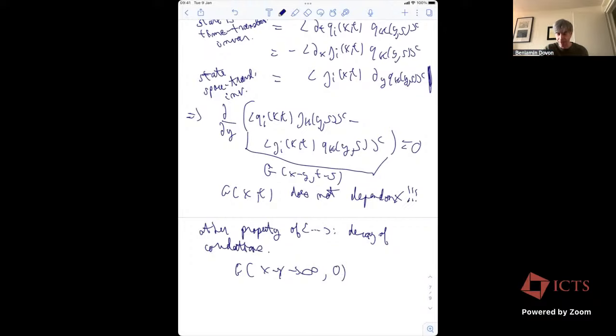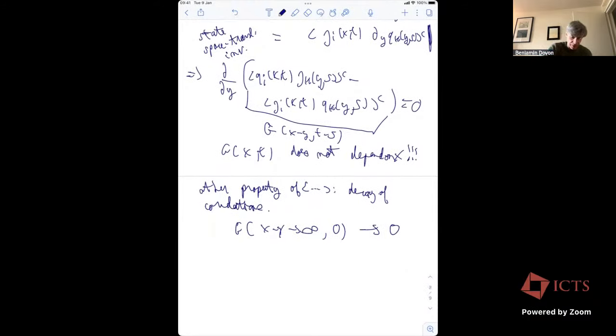But I could take different times as well, okay? But at equal time, this goes to 0. G is the difference of two connected correlation functions. Each of them goes to 0 by general properties of the state. But since G does not depend on its first variable, that means that G of x at time 0 is equal to 0. So these two quantities are equal to each other.